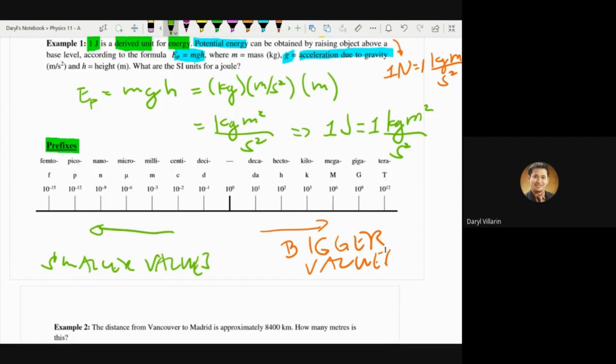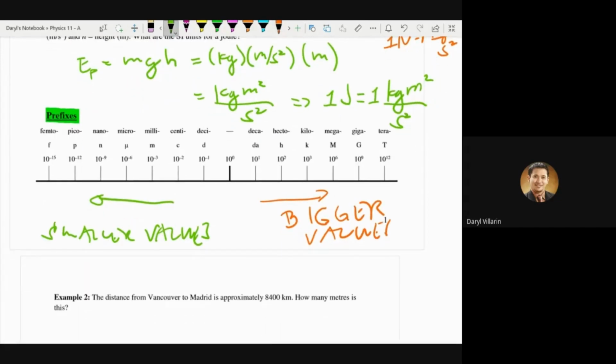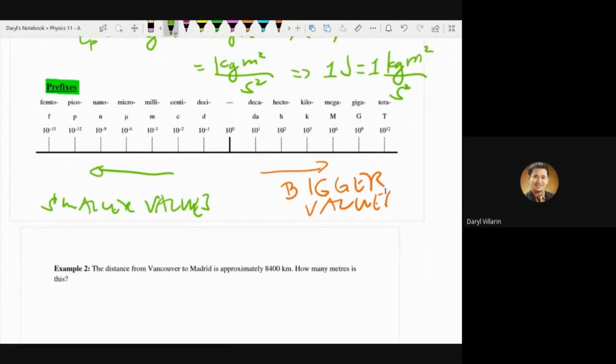Okay? Because when you say, let's say, what is the meaning of 1 microgram? If you use this one here, 1 microgram means that you have 1 times 10 to the power of negative 6. The significance of micro is that you have 10 to the power of negative 6. So 1 microgram is a small quantity because 10 to the negative 6 is very small.